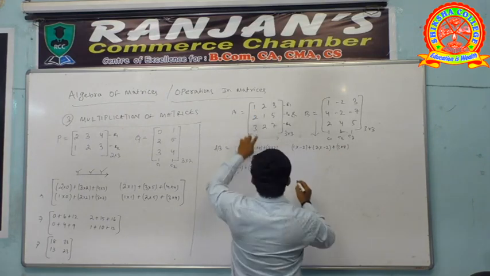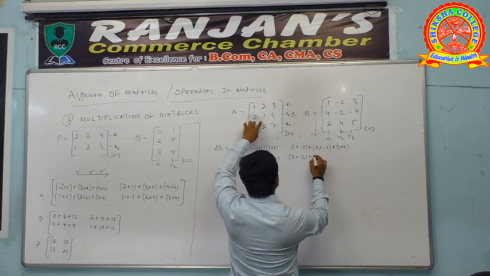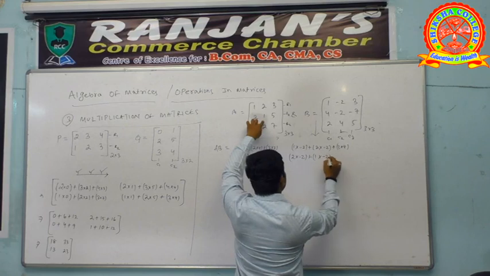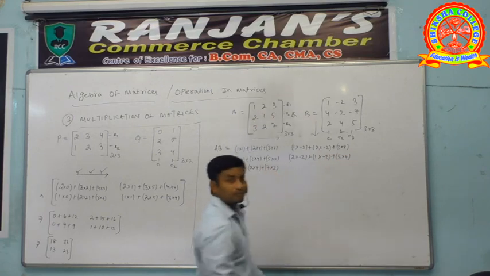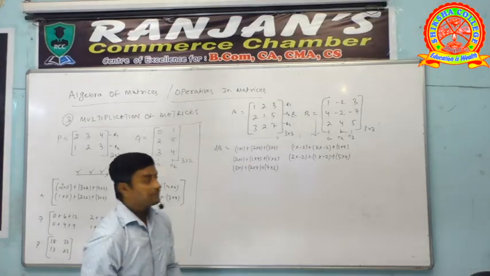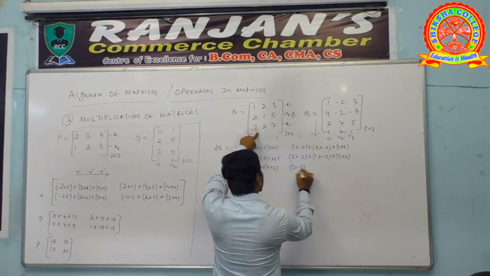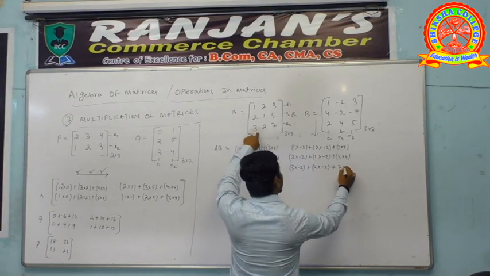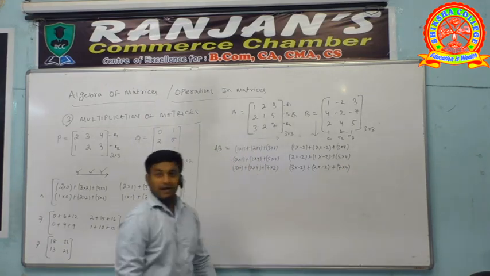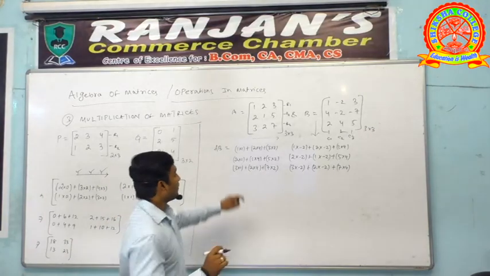Then we continue with the other numbers: 2 into minus 2, 1 into minus 2 plus 5 into 4. Clear? Now 3 into minus 2 plus 2 into minus 2 plus 7 into 4. I hope you see, it's a very simple trick.